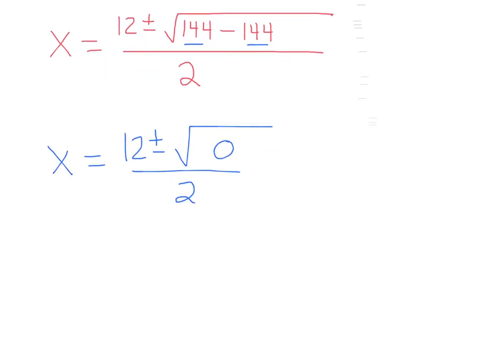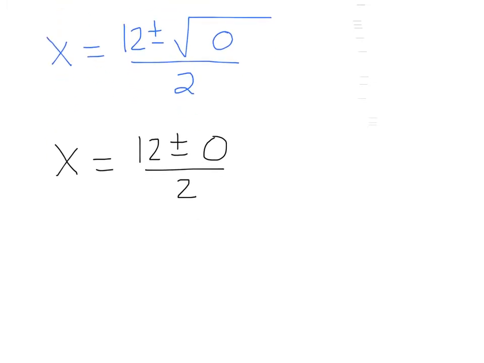Let's continue to simplify. Now I have x equals 12 plus or minus, and the square root of 0 is just 0. It's not positive 0 and negative 0, it's just 0. So now we have this very simplified. I'm going to write x equals 12 plus 0 divided by 2, and then a second equation where x equals 12 minus 0 divided by 2.